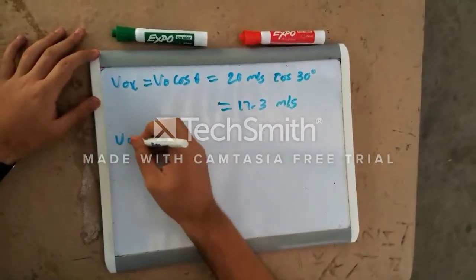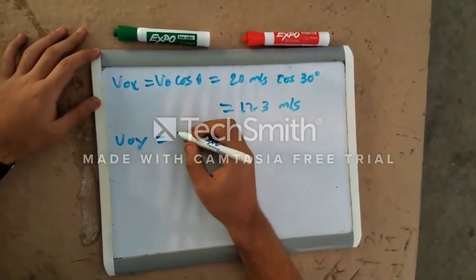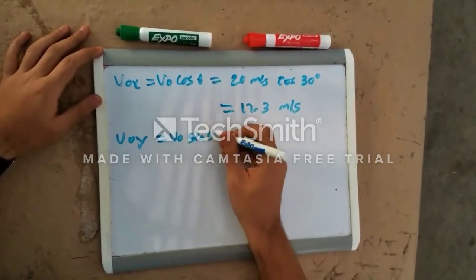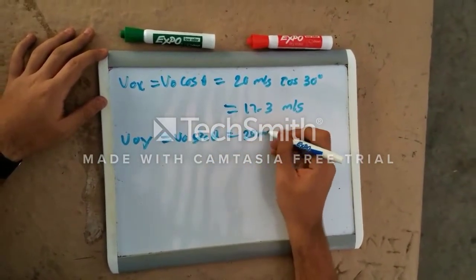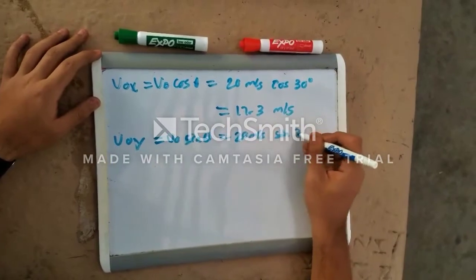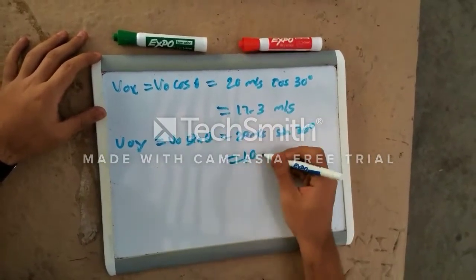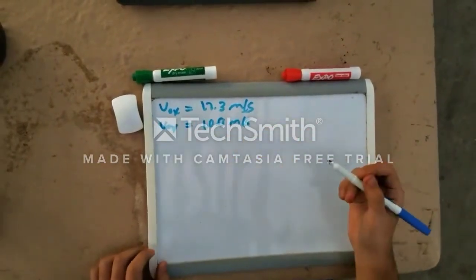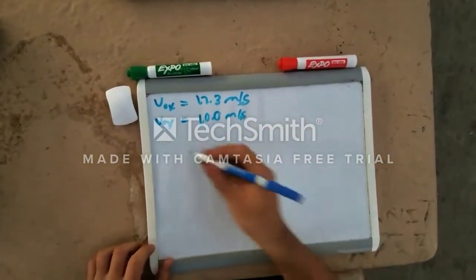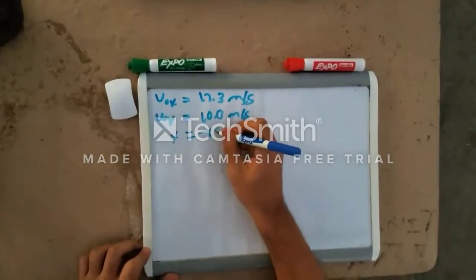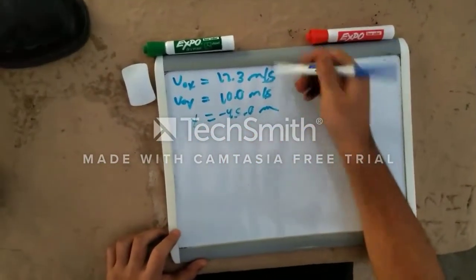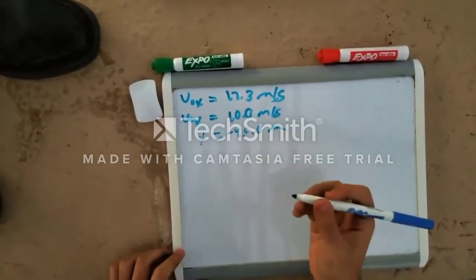Now we do the exact same but use sine to find the initial velocity on the y-axis: 20 meters per second times sine 30 degrees, which is 10 meters per second. Now we find the y displacement, taking y initial equals 0, which makes y equal negative 45 meters, with v initial y being 10 meters per second. Now that we have all this information, we can do the problem.